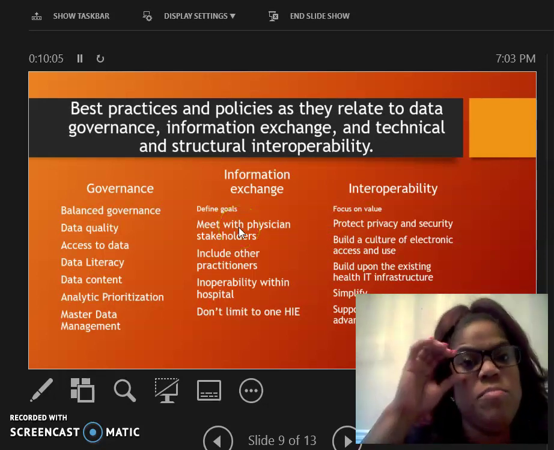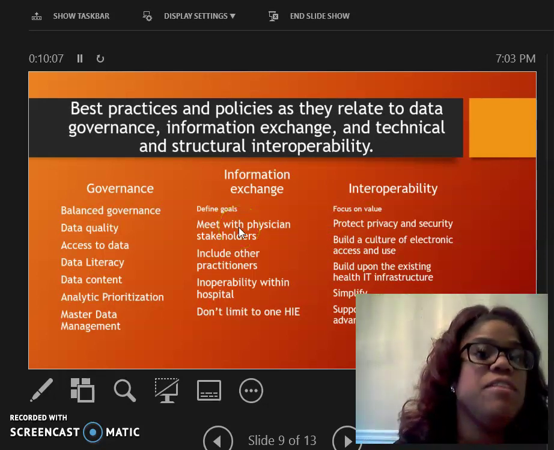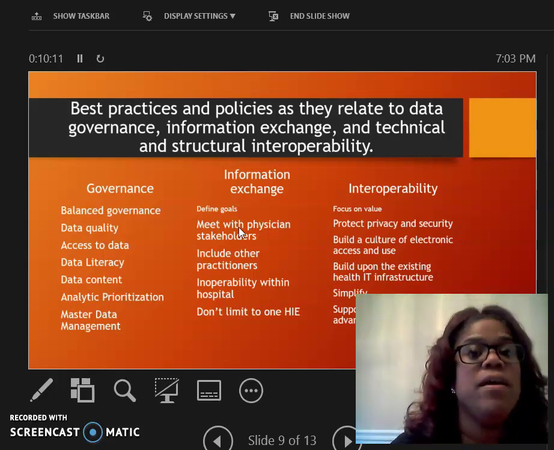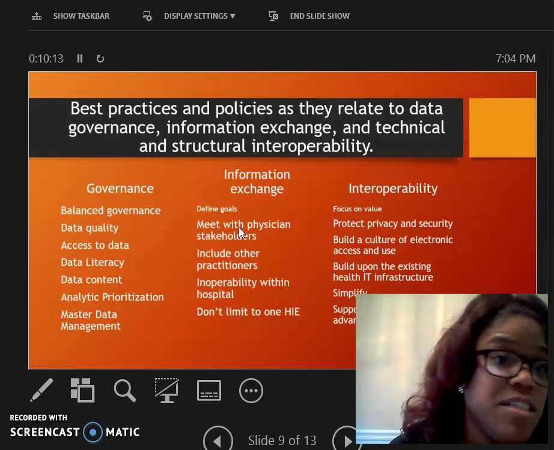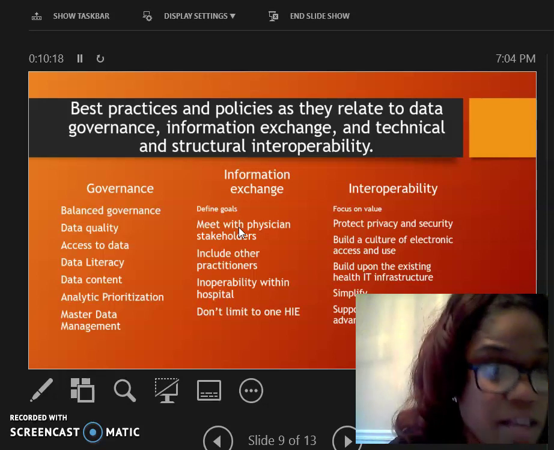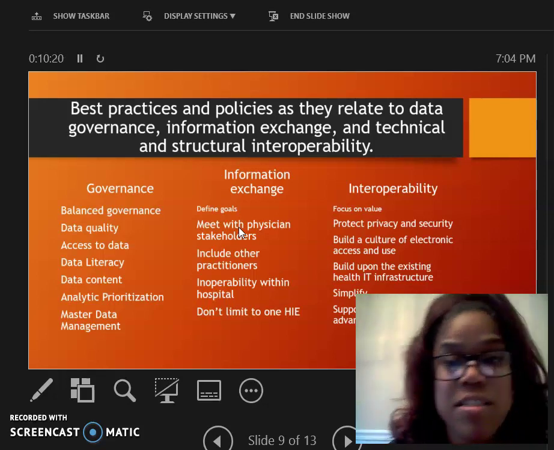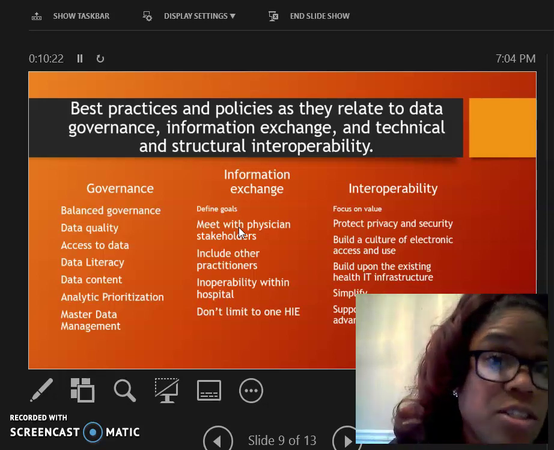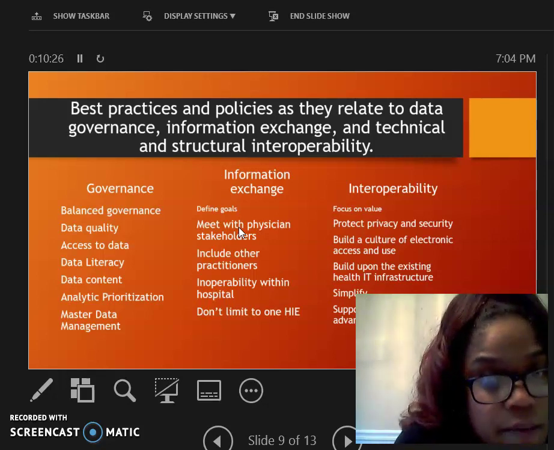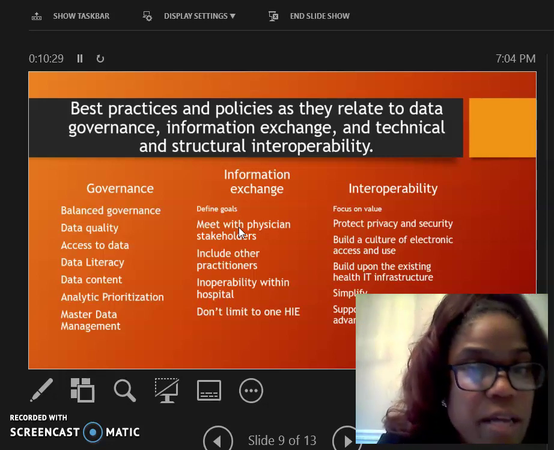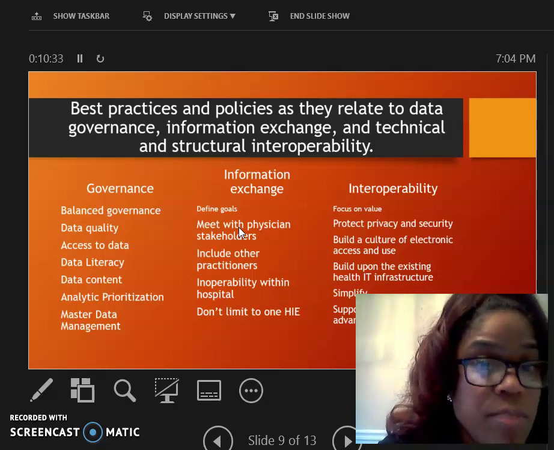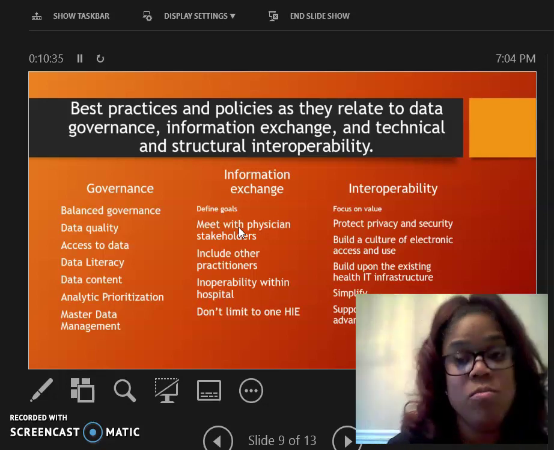The best practices and policies that relate to governance, information exchange, and tech: technical and structural interoperability, governance, balanced governance, data quality, access to data, data literacy, data content, analytic prioritization, information exchange. You want to define your goals, meet with the physician stakeholders, include the other practitioners, like not just physicians, and operability within the hospital, and don't limit to one HIE.